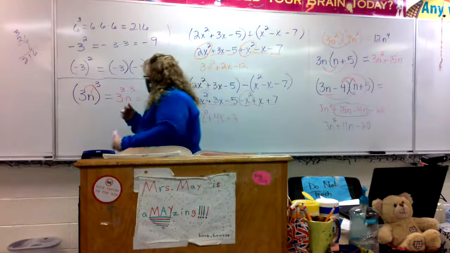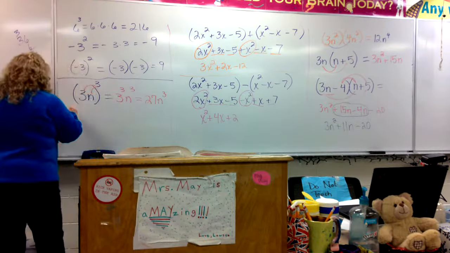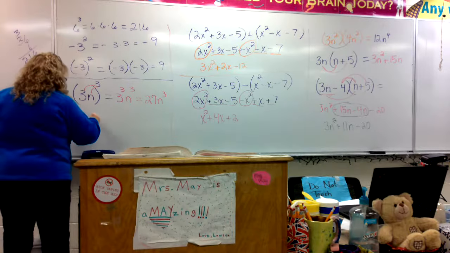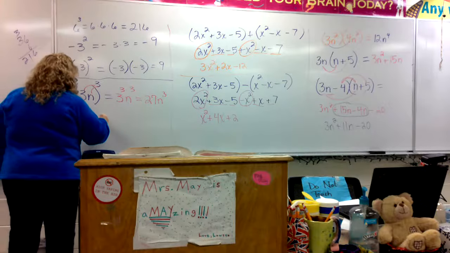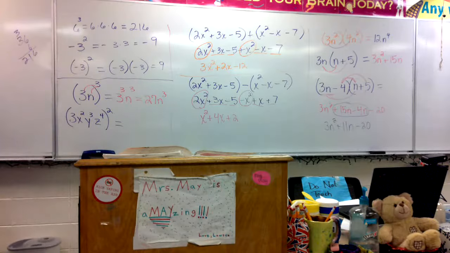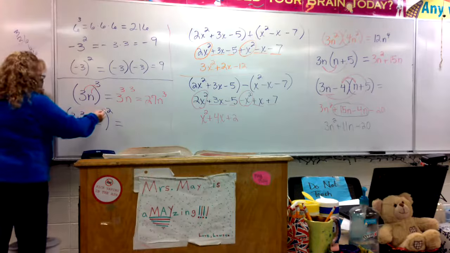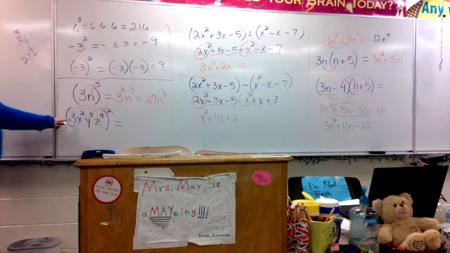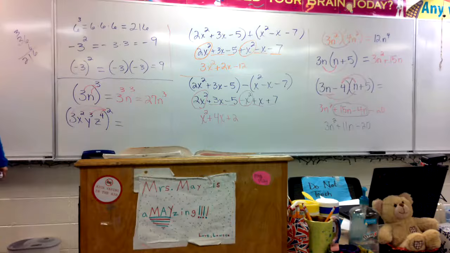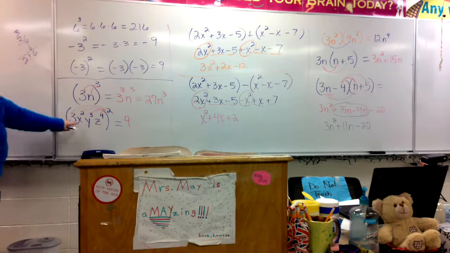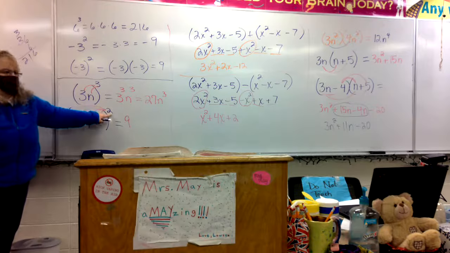And also remember, if we had something like this, x squared y, remember, outside goes with everything, right? So 3 squared, you know what 3 squared is. But I have x squared raised to the 2nd.